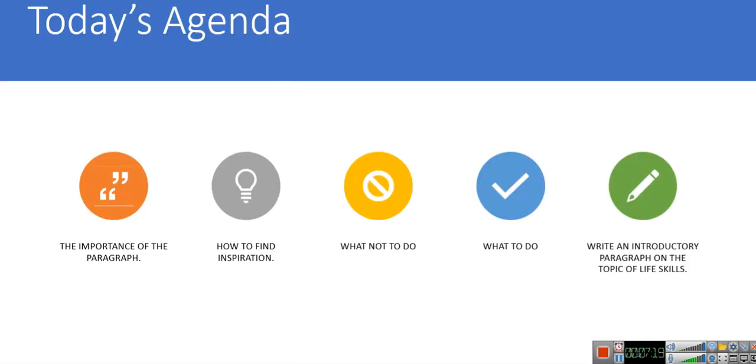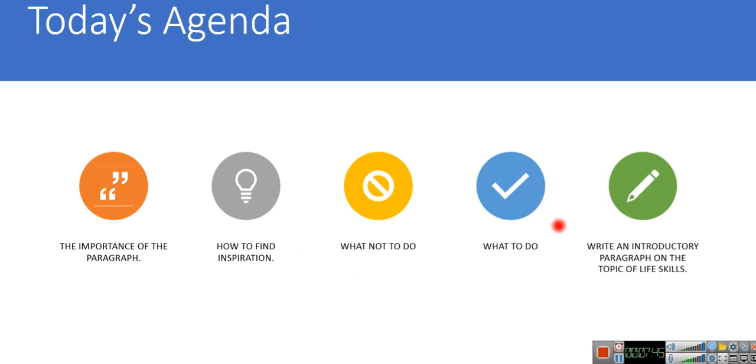So life skills. Now, what is today's agenda? This is how we're going to follow the path of this lesson. First, we're going to find out about the importance of the paragraph. Then we're going to talk about how we find inspiration to write. And then we're going to have some discussion on what not to do when writing.